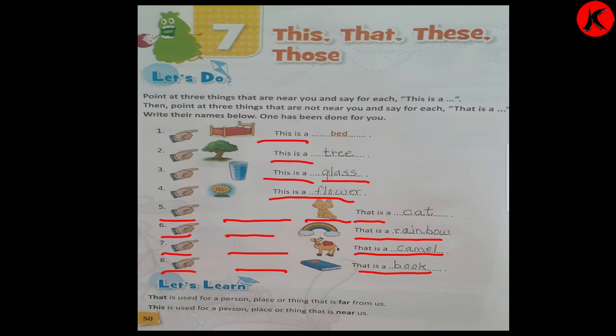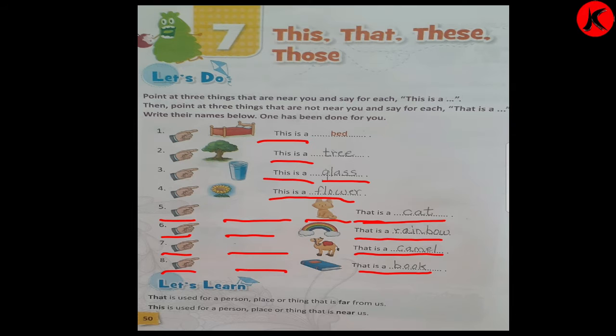That is a book. Again we will say that is a cat. That is a rainbow. That is a camel. That is a book.